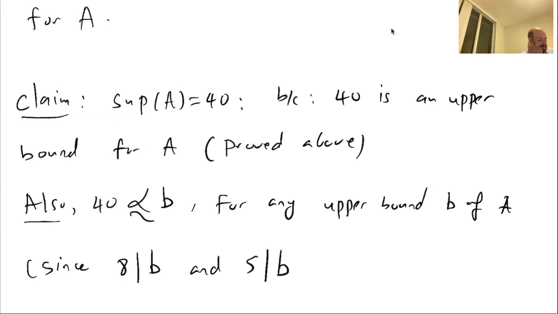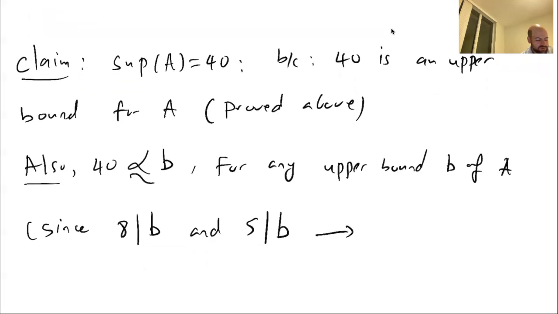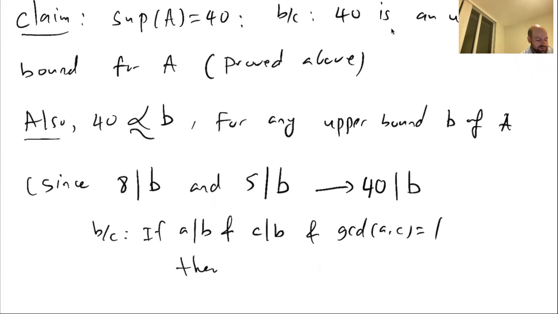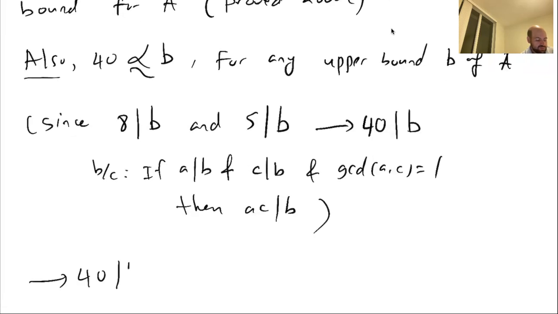So 8, which is one of the elements of A, divides B. 5, also an element of A, divides B. But from number theory, we know that if 2 relatively prime numbers divide B, then the product of them will also divide B. So that means 40 divides B, because if A divides B and C divides B and GCD of A and C is 1, then AC will divide B. So 40 divides B, which means 40 is curly less than or equal to B.